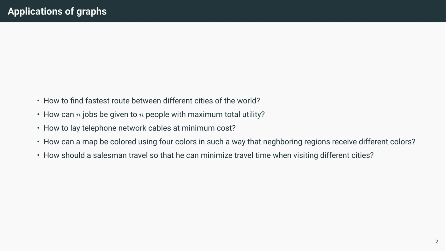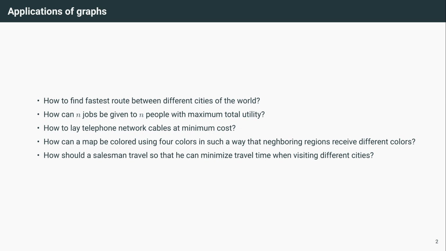Now suppose there are n number of jobs and n number of people, or you can take m and n if n and n is not suitable to you. Suppose there are m people and n jobs where each person can do a different number of jobs. So how do you allocate them for maximum total utility?